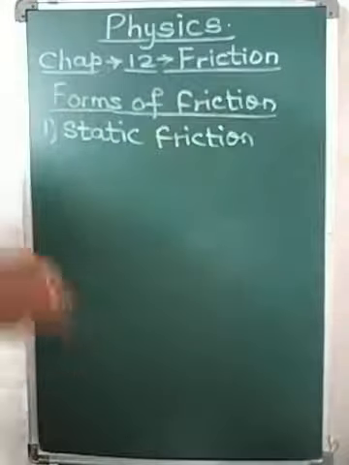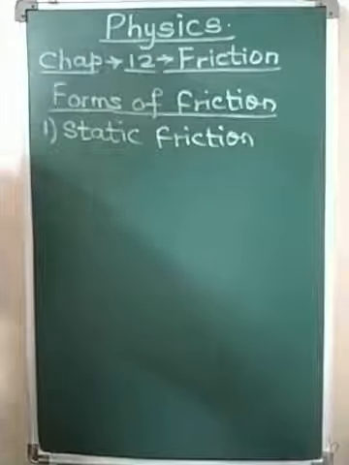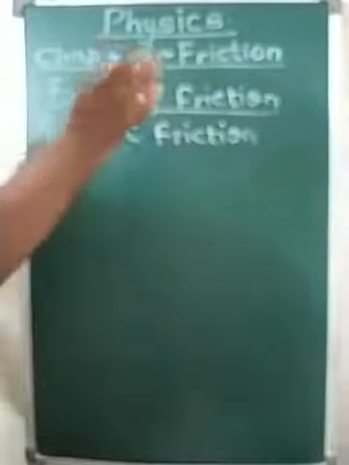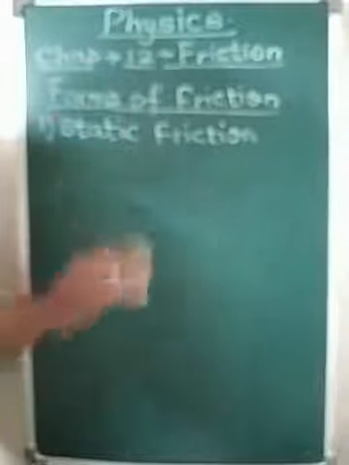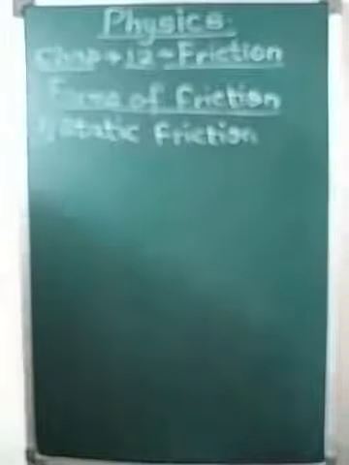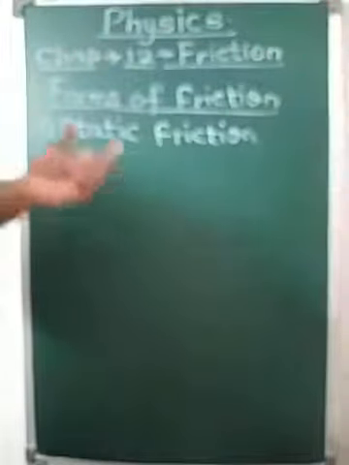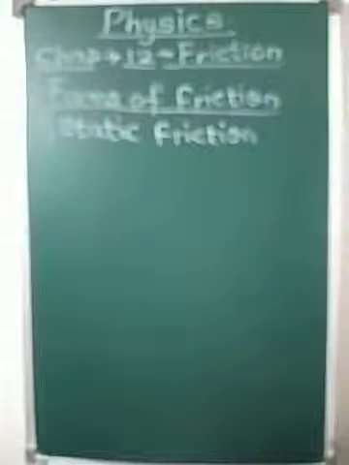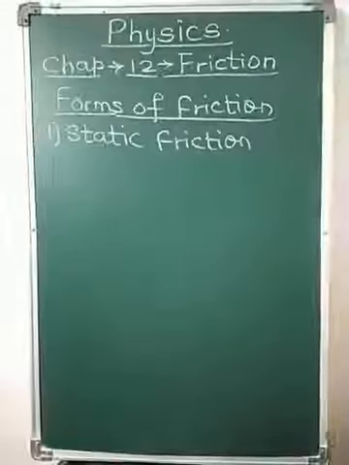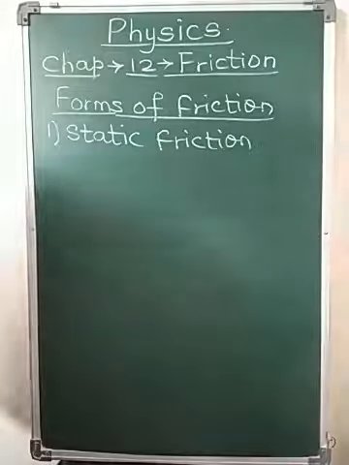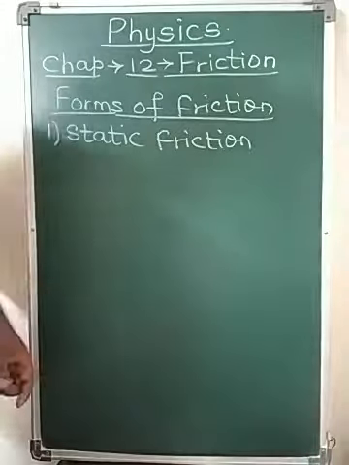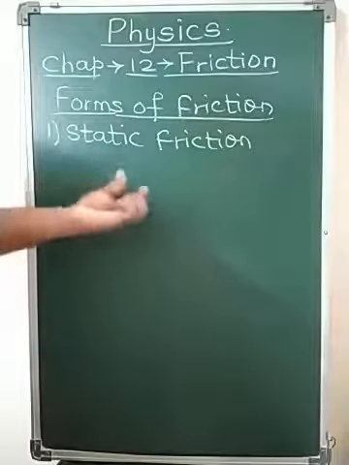Unless we apply a force on the board from this side, or up, down, anywhere else, the board is going to remain in the stationary position as it is, unless a force is applied. So this is called static friction.